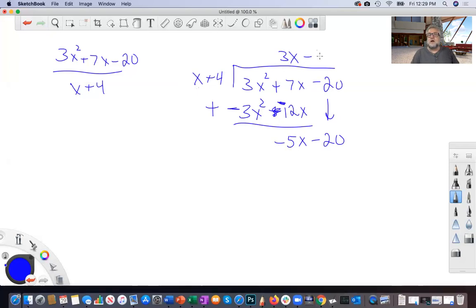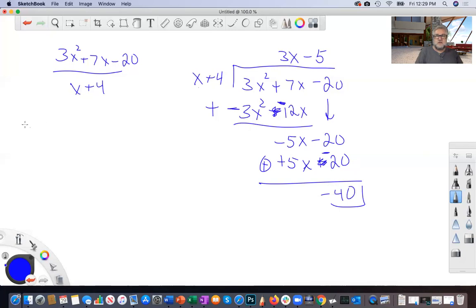I have to multiply it by minus 5. So I'd get minus 5x minus plus 20. Okay, change the sign in the lower line and add. I'll get 0 and I'll get minus 40. Bummer. We got a remainder.